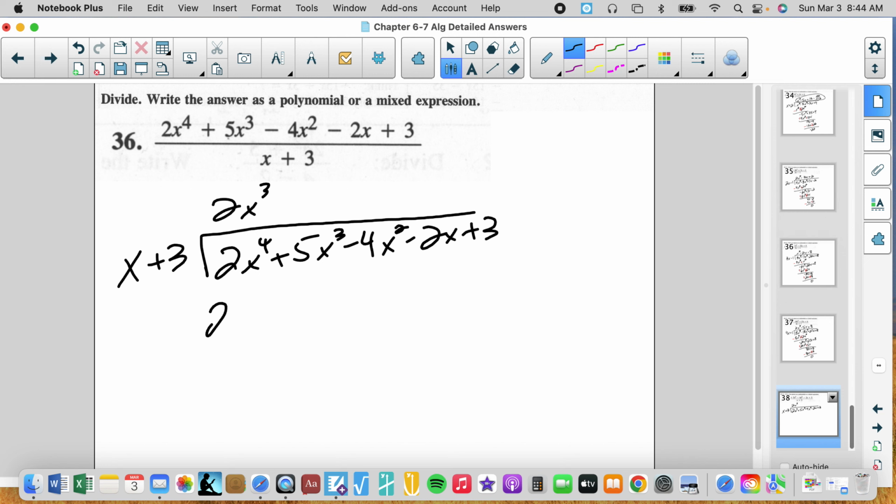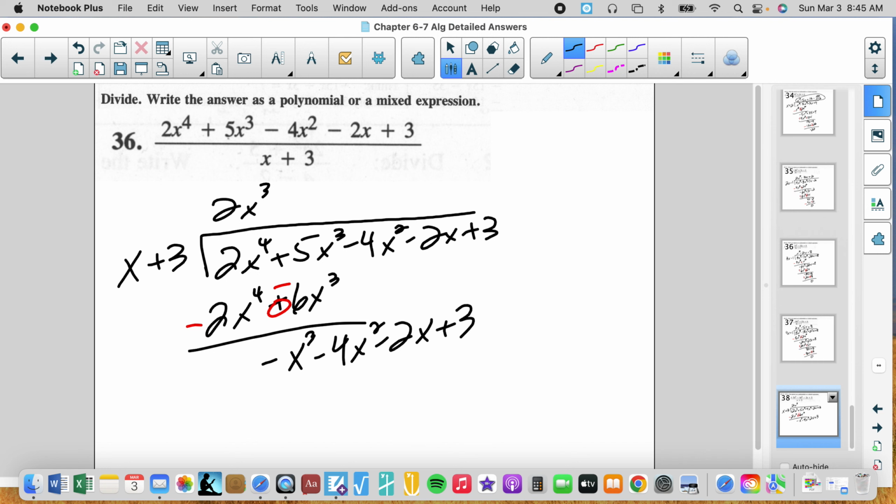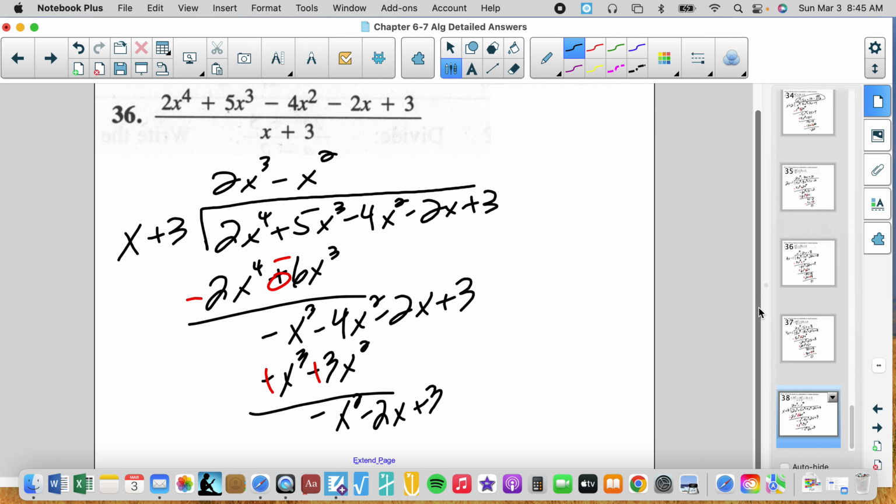2x cubed gives you 2x to the 4th plus 6x cubed. And there's more things and more places to make a mistake. So that's why you gotta make sure that you are taking your time, focusing, and not making an easy mistake. That's negative x cubed minus 3x squared. So be diligent. Make sure that you are paying attention and doing the correct work.